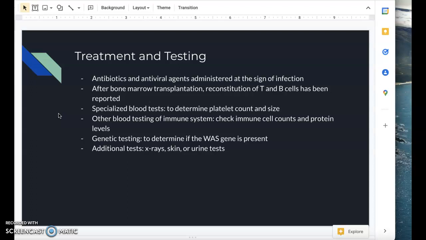There are tests that can be done to determine if the child does have this syndrome. They can do specialized blood tests, and this will determine the platelet count and size, and then other blood tests of the immune system to check the immune cell counts and protein levels.